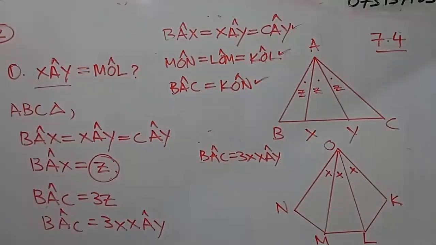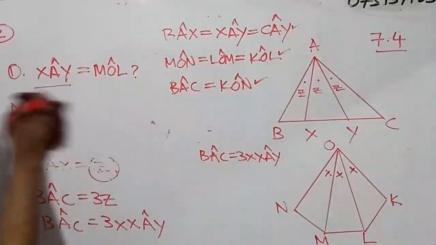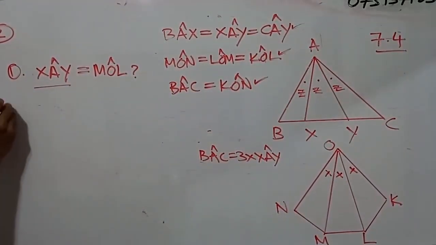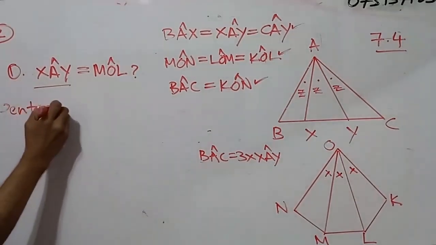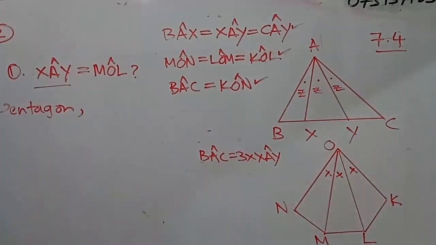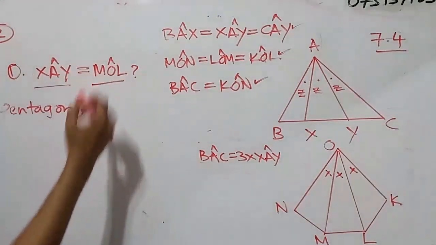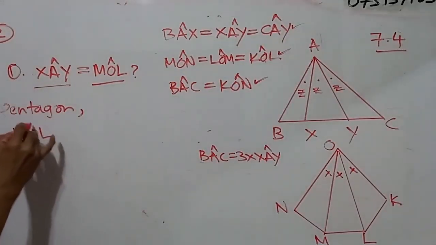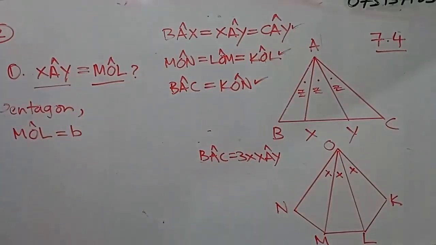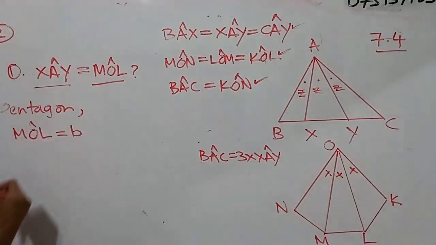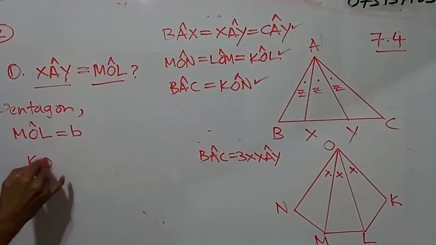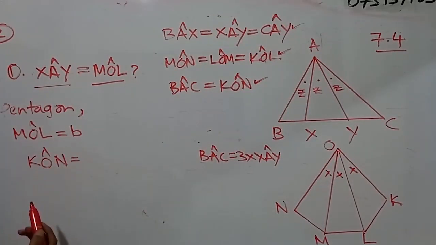In the same manner, we will consider the pentagon. So we have been given the angle MOL. We will consider the magnitude of angle MOL as B. So if this is B, what will be the value of the whole angle KON?